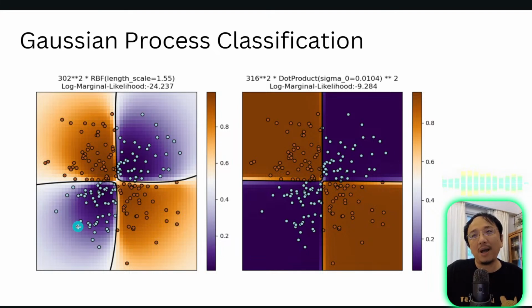So this is called the XOR problem. We get a lot of different samples, like the blue ones and the orange ones. So how do we find the decision boundary or the confidence?